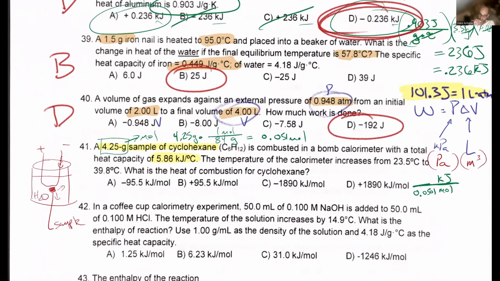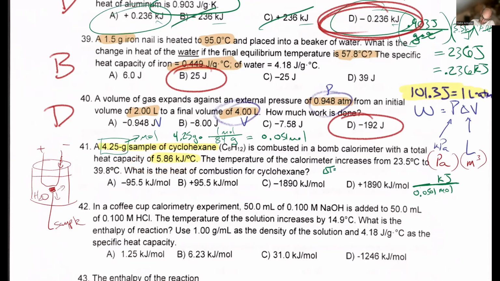Now we need to determine the energy. If we look at the unit, we're going to see that this bomb calorimeter, for every degree C, puts 5.86 kilojoules of energy into the environment. So we need a delta here. What is the delta T?